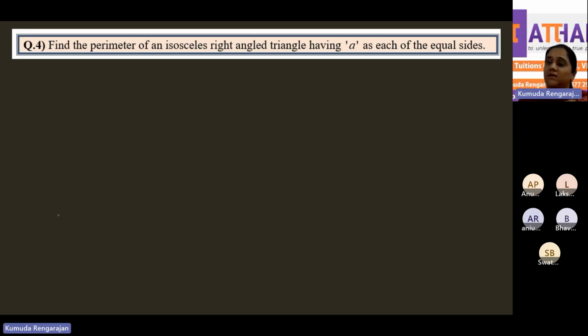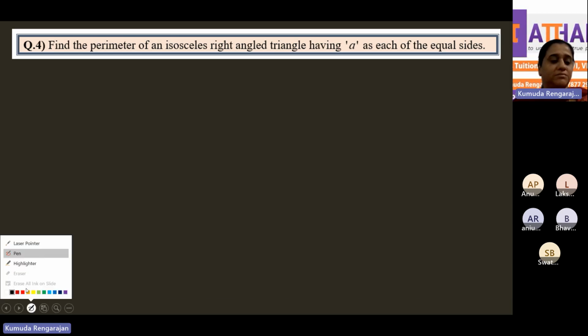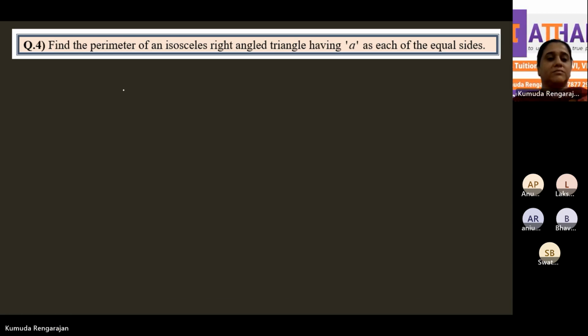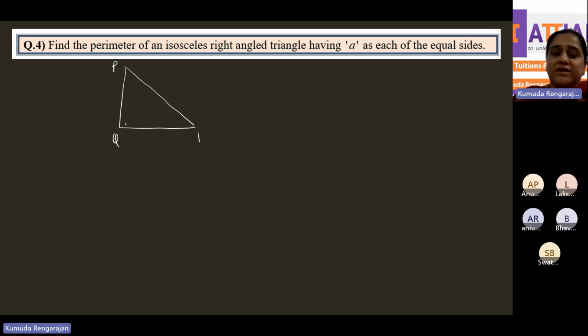Now Blessy, close your book and tell me. Which angle is 90 degrees? Louder. Angle Q is 90. Name the equal sides. PQ and QR. And what is given?